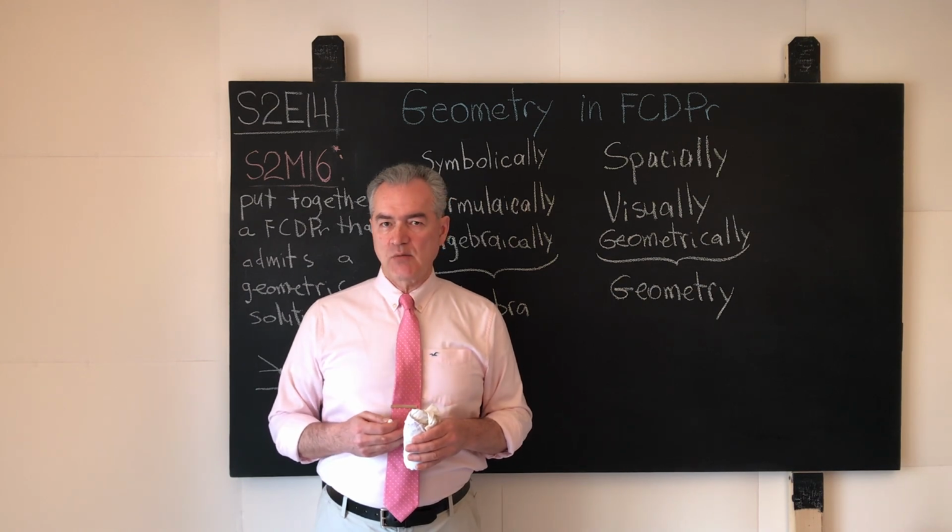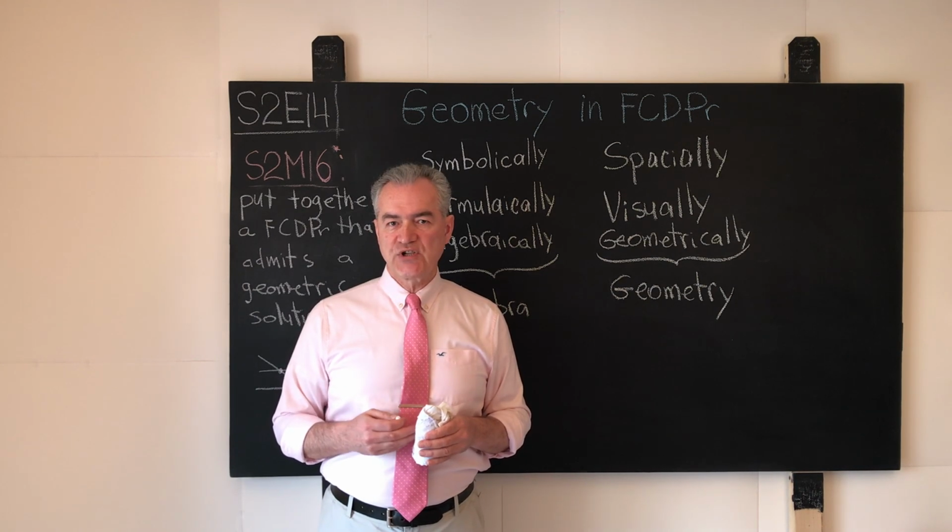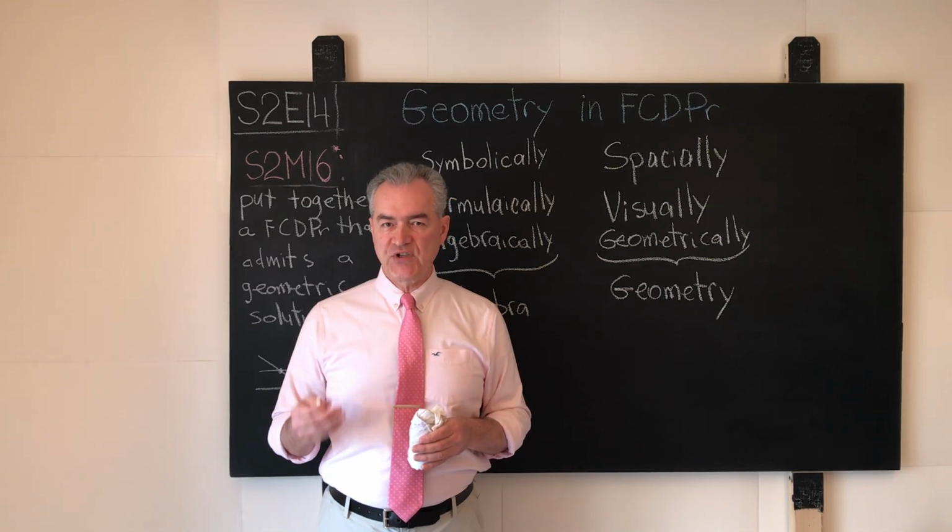For example, Albert Einstein used to say that geometry is perhaps the earliest branch of physics.